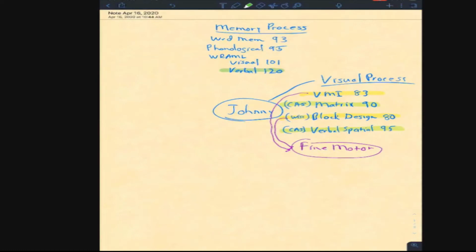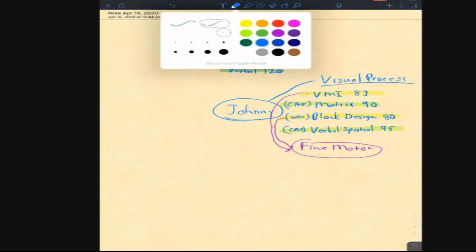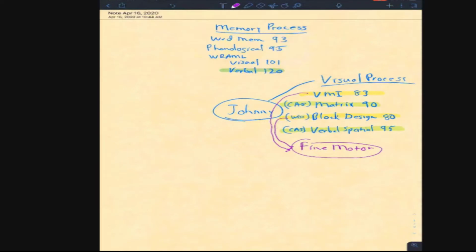And if we take a look here, we notice that his highest visual processing correlates to the visual processing subtest that used verbal. So verbal. So we know this student has verbal processing strength. Right? We can tell that right away.